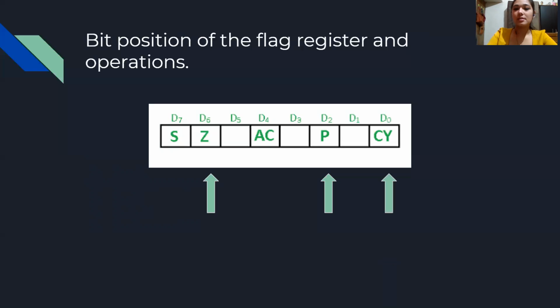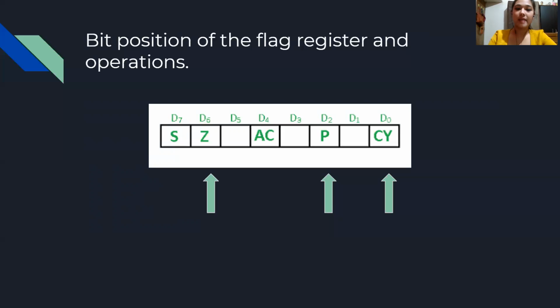The third we are going to discuss is the carry flag register. So if the result of an operation being performed generates a carry of 1, we'll have the carry register set to 1.